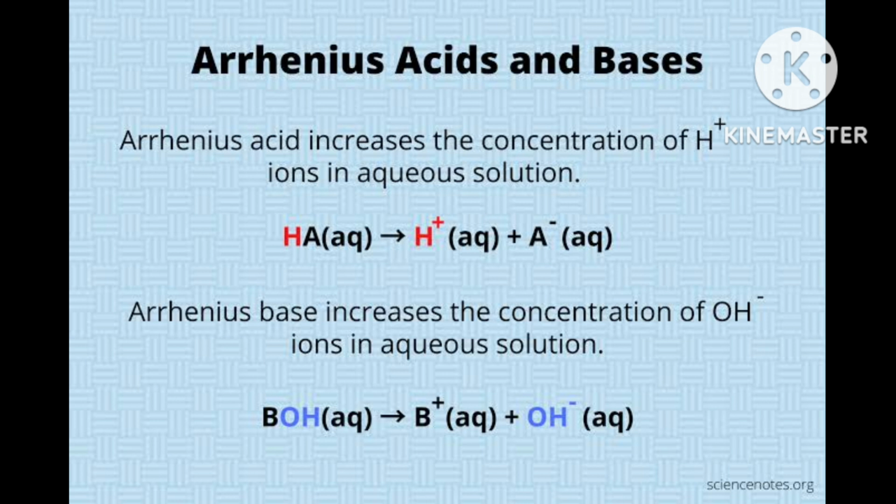After accepting the hydrogen, NH3 formed NH4 plus, which proves that it is the base, because NH3 accepted hydrogen. NH3 is a base because it accepted a proton and formed NH4 plus.